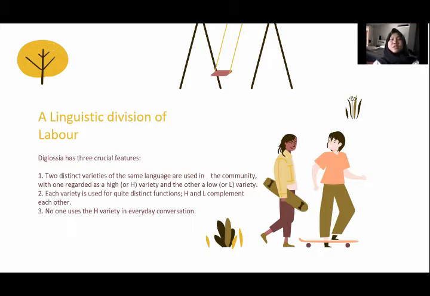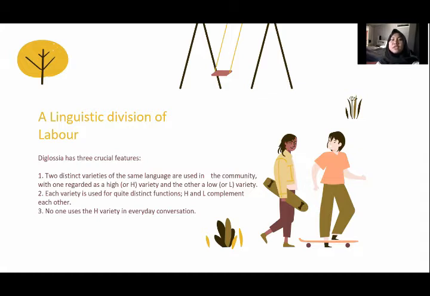The first is 2 distinct varieties of the same language are used in the community, with one regarded as a high or H variety and the other a low or L variety. And 2, each variety is used for quite distinct functions. H and L complement each other. And the last is no one uses the H variety in everyday conversation.